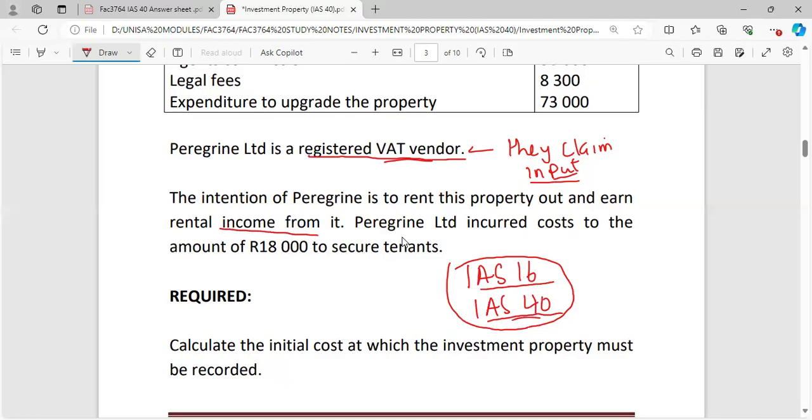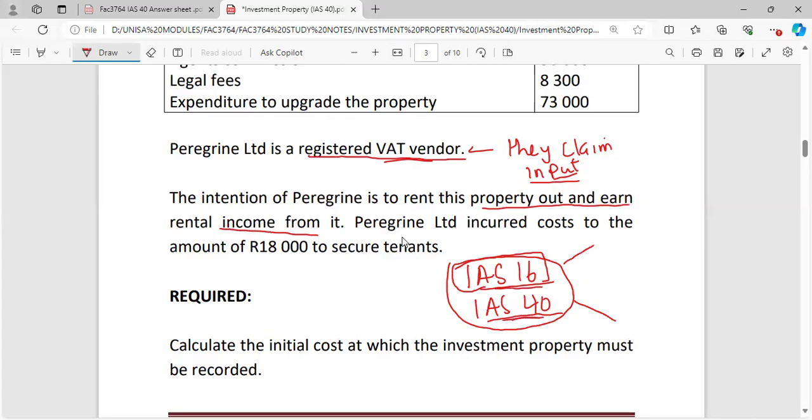So if the property is used by the organization as administration buildings, or buildings to use in the production of income, then you know that is going to fall under IAS 16. And if it is a question in the exam, you don't mix IAS 40 and IAS 16.